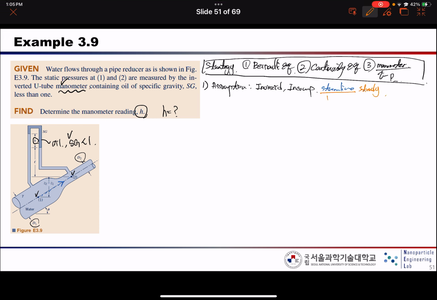So streamline in the point 1 and 2. Okay, this is our assumption. So because of these assumptions, we can successfully use the Bernoulli equation, right?